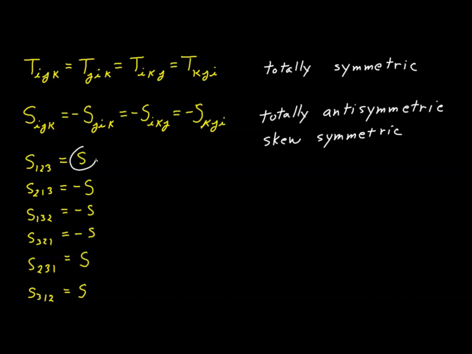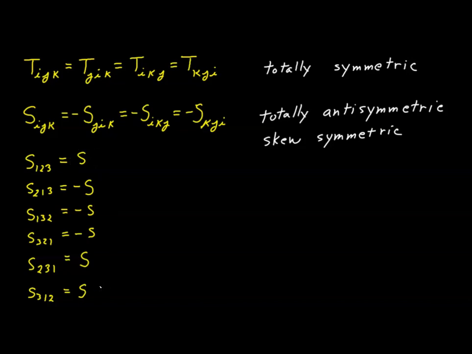Once we establish the value of S123, all the other elements are determined. The other 5 permutations here are determined, and then the 21 elements that have duplicates are also determined to be 0. So we have only 1 degree of freedom.